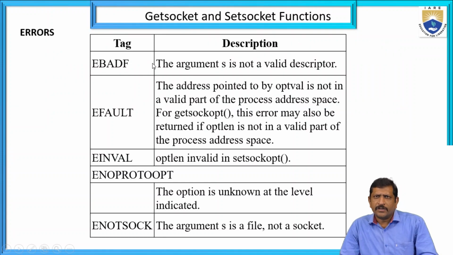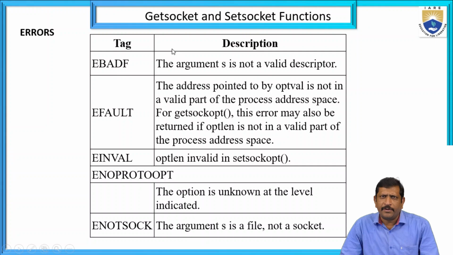Here are some of the error tags that can be utilized in get socket and set socket functions. EBADF, bad file argument: whenever you use this, the argument is not a valid descriptor. The file we are using is not a valid file descriptor.